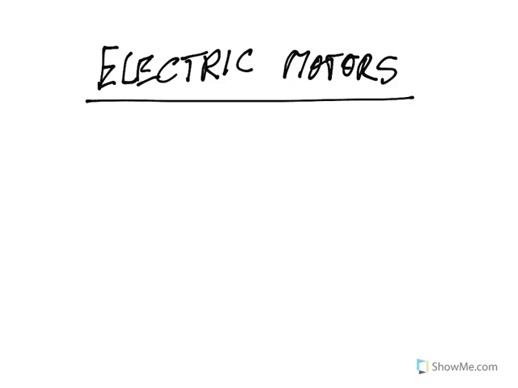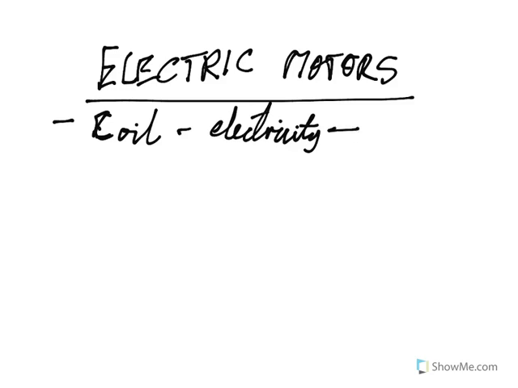So an electric motor essentially has two aspects. It has a coil with electricity going through it, and what happens then is that it produces a magnetic field.